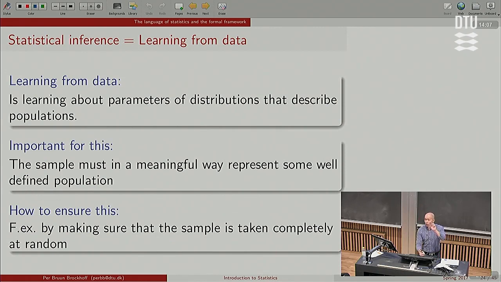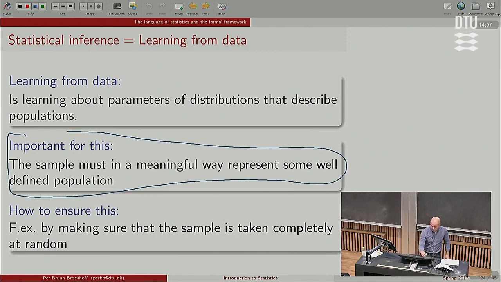For this to make good sense, we've talked about this already, now we'll detail it a bit more. For this to make good sense, it's very important that the data we have, the sample we have, is collected in a meaningful way, right? It's pretty obvious, but severe mistakes have been made historically here.